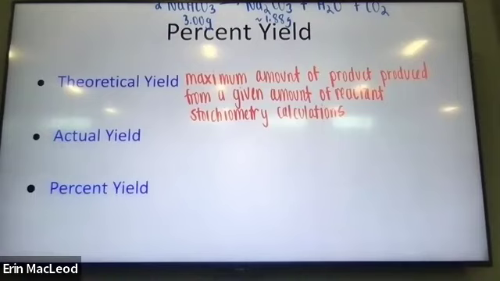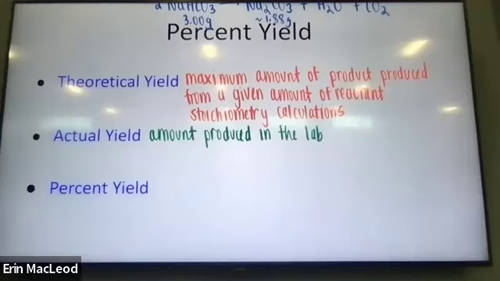An actual yield is the amount produced in the lab via an experiment. So you have to actually do the experiment. Right?